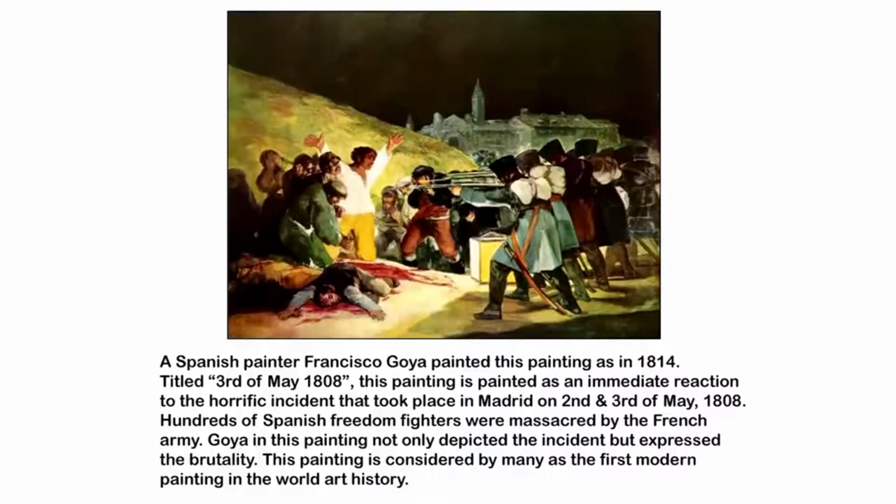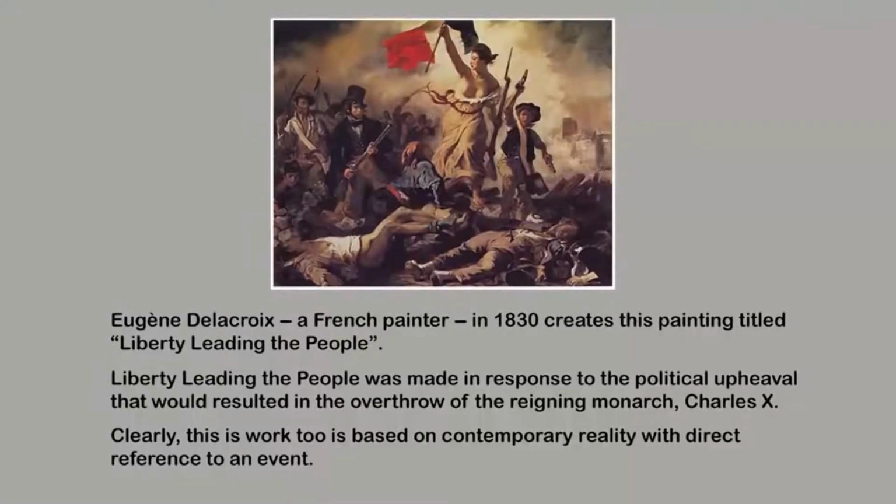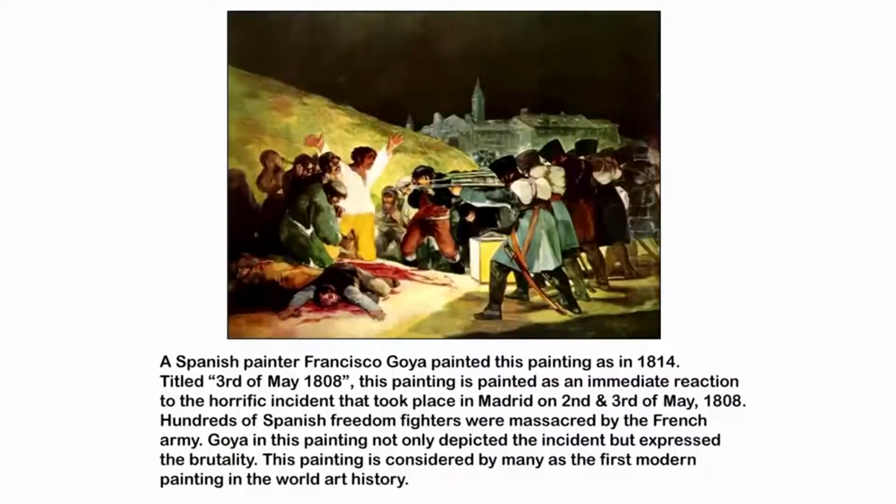Whether in this painting by Goya or the earlier painting by Delacroix, in both these paintings, of course, certain principles of realistic art are there, but more than that, it is about the direct expression of an immediate realistic situation, political and social.